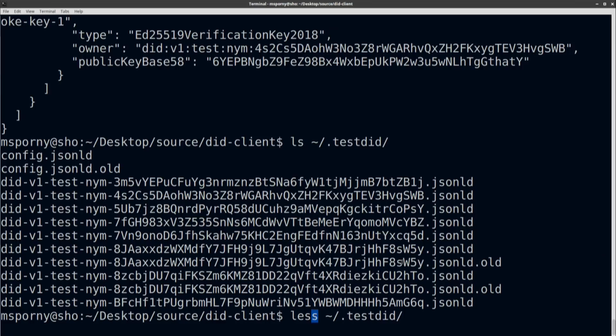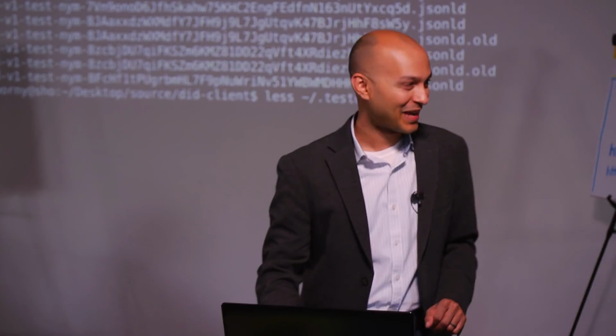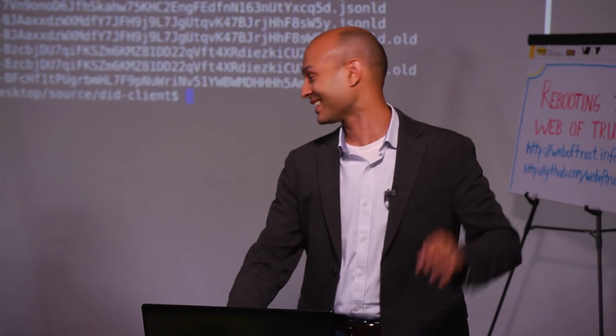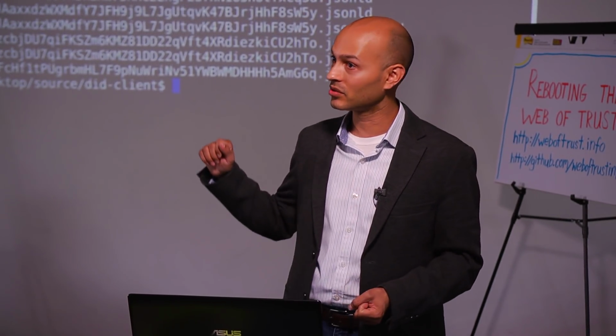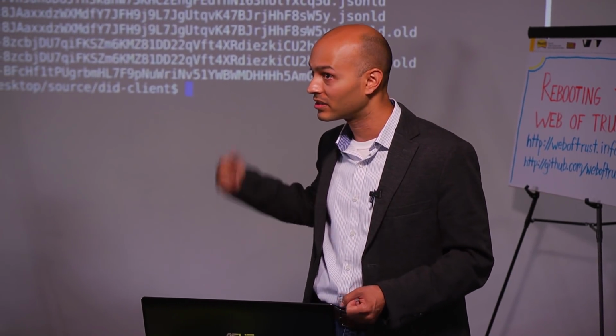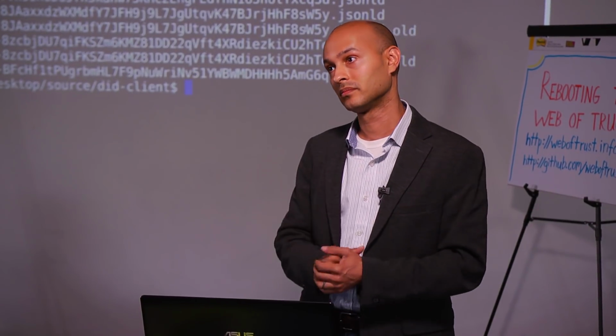Yeah, if you want to see all the private keys. You can password protect them. And we're trying to get it so that you don't have to store your keys on your device. You can use U2F type hardware to do it. Okay, thank you.